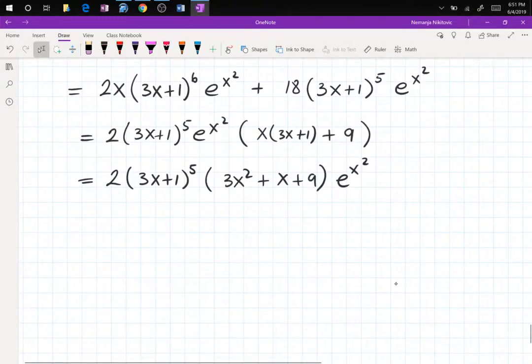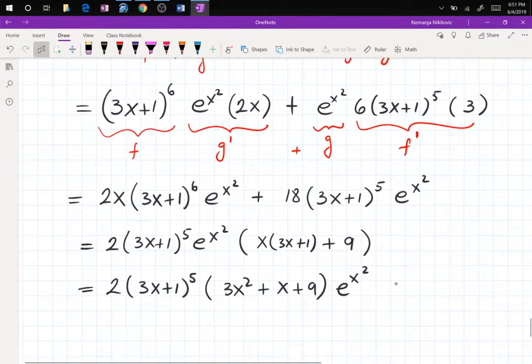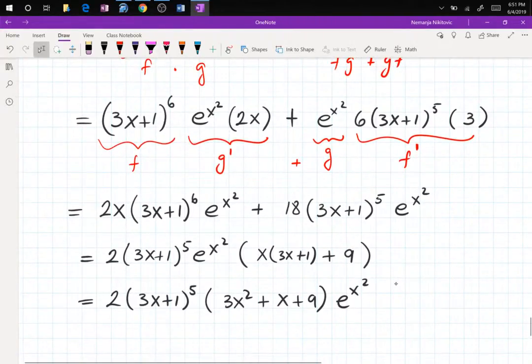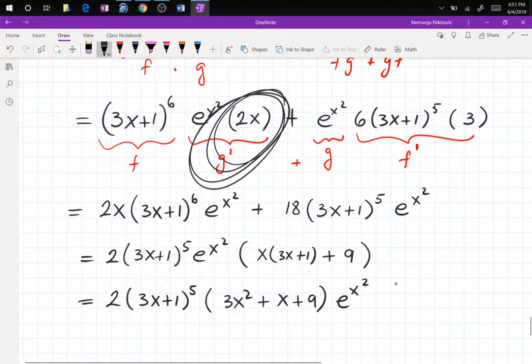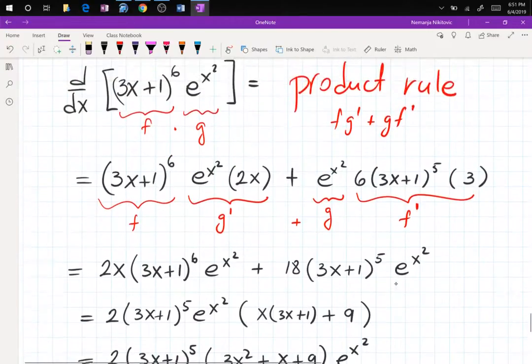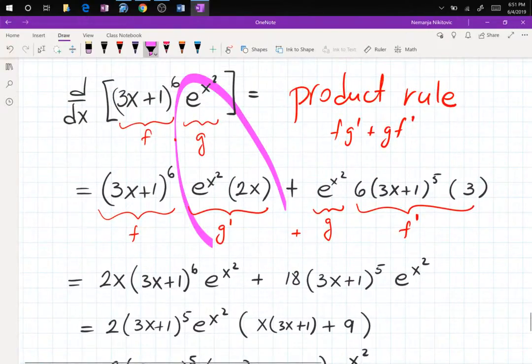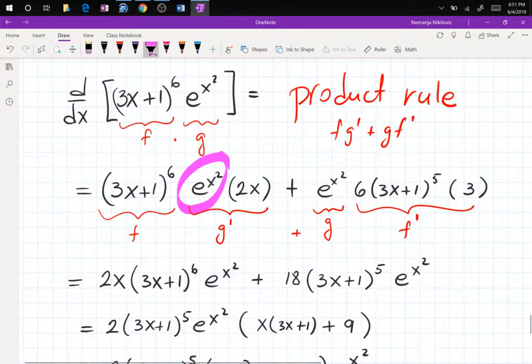So how does the 2x become separate from the x squared? What do you mean separate? You mean this 2x? Yes. It's a chain rule. That's going to be 2x. Why is the x squared still there? You always copy the original function for the derivative of e to the x. Derivative of sine is cosine, derivative of e to the x is e to the x.